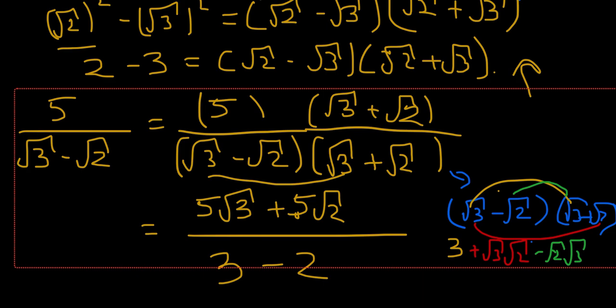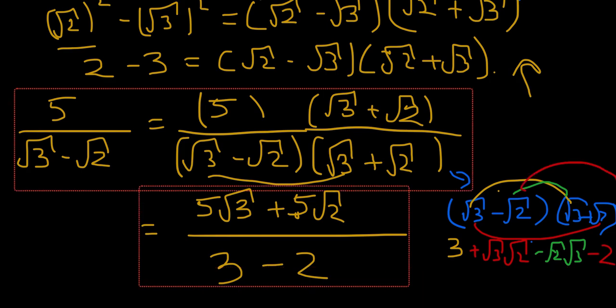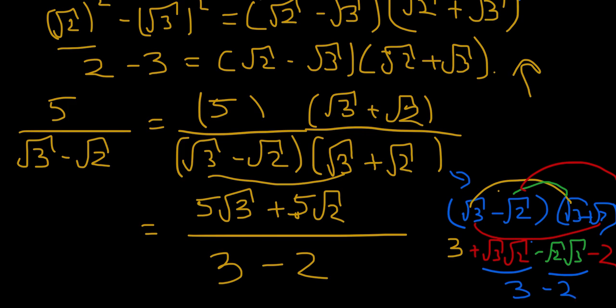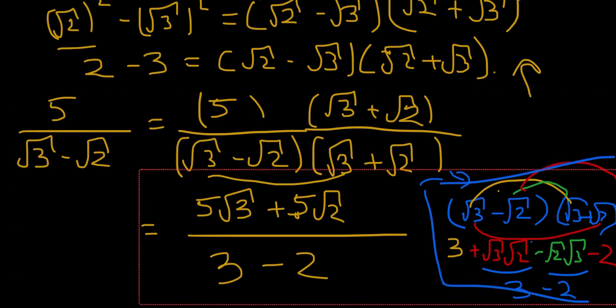And then finally, the last one will give us minus 2, right? Because root 2 by root 2 will be 2. And then we'll see that this and this will cancel, and so we'll just get 3 minus 2. Okay, so I've just done the calculation for the bottom out here. Okay, so our final answer is this here.